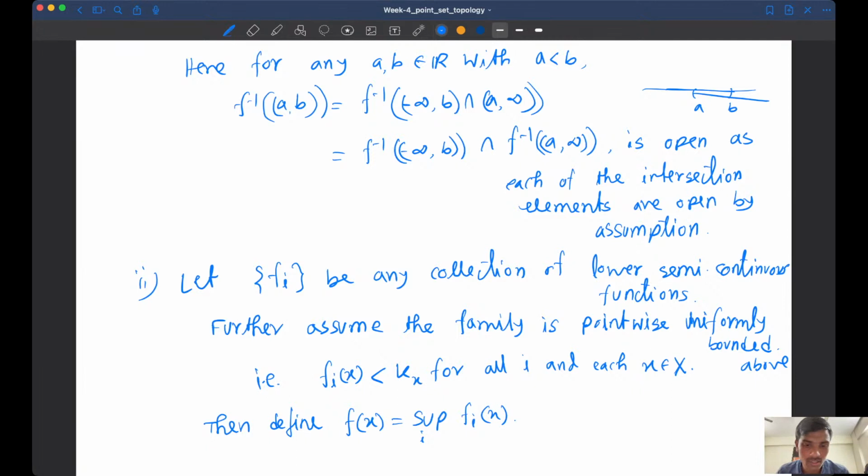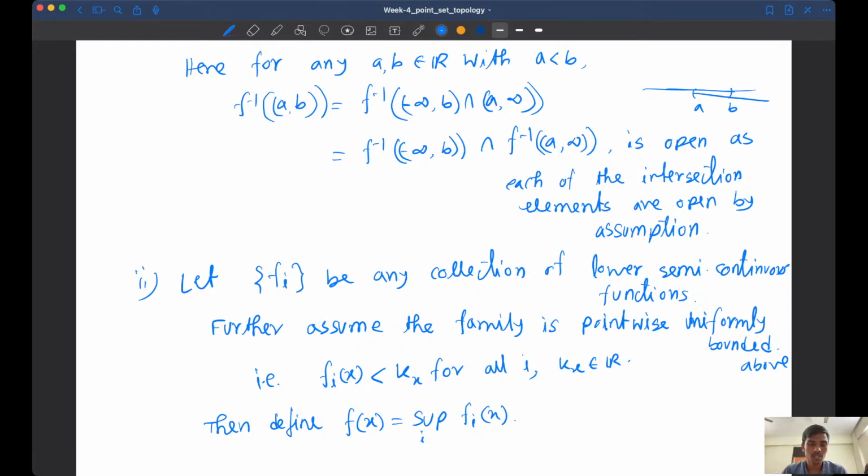So this k may depend on x also, so I don't need it uniform for each x. k_x belongs to R. So then the supremum does exist, and we define that to be a new function f(x).